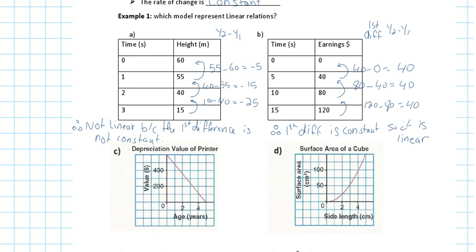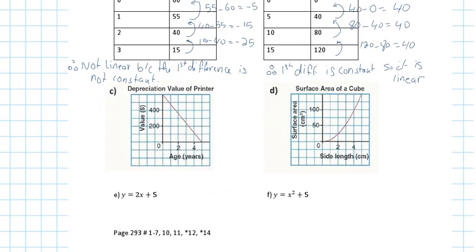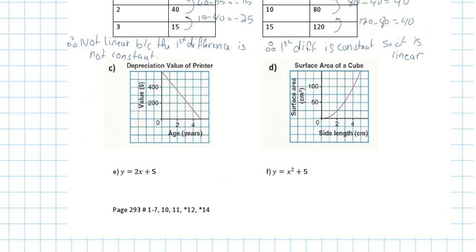Let's look at C and D. Can you look at both graphs and tell me if any of them is linear, and if any is linear, which one? C is linear because it shows a straight line, right? Does the second one show a straight line? No. Okay.